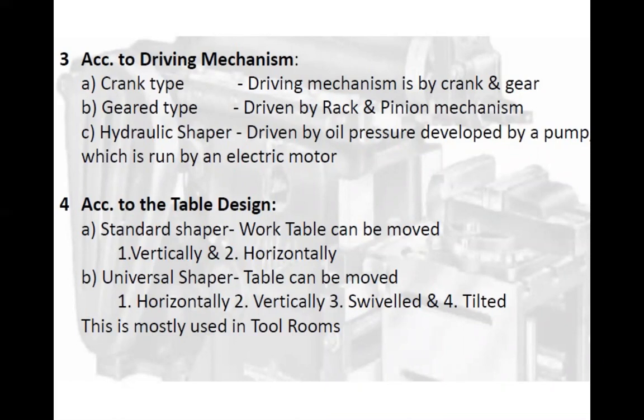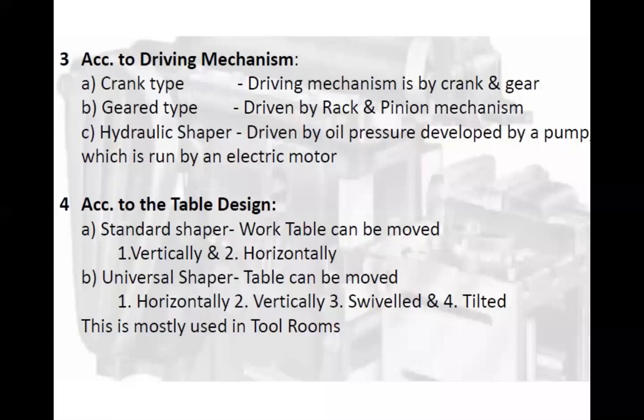And then there is the universal shaper. The table can move horizontally and vertically, and in addition it can swivel and be inclined, at a particular angle in both directions. So tilting as well as swiveling is possible. That kind of shaper is called a universal shaper.